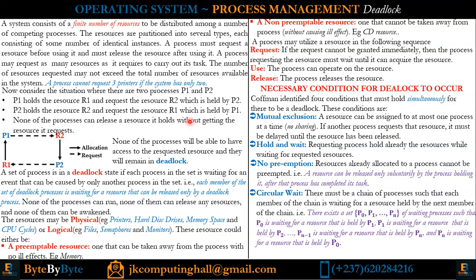That is, there exists a set P0, P1, ..., Pn of waiting processes such that P0 is waiting for a resource that is held by P1, P1 is waiting for a resource that is held by P2, and so on, till Pn minus 1 is waiting for a resource that is held by Pn, and Pn is waiting for a resource that is held by P0. So we must have that circular chain. As you can see here, this is our circular chain. So these four conditions together, if they hold simultaneously, then automatically there is deadlock.